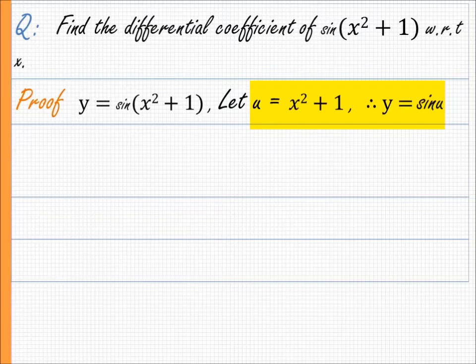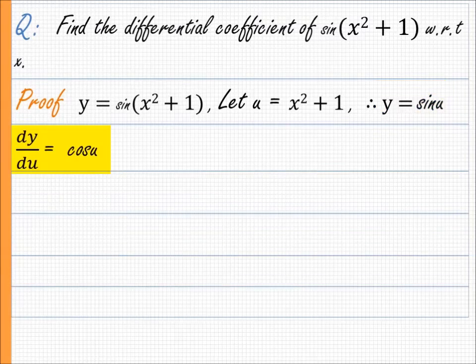So now we have two functions: the first function is y is equal to sine of u, and the second function is u is equal to x square plus 1. For the first function, let's find the differential coefficient of y with respect to u, or dy upon du. You know very well that the differential coefficient of sine u is cos of u, so dy upon du is equal to cos of u.